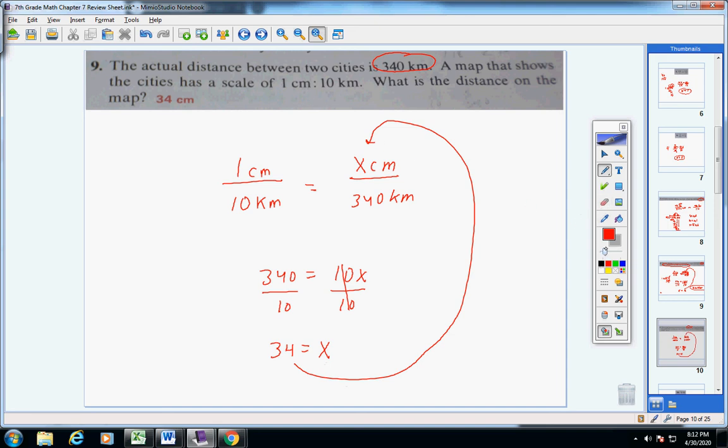So now I have 34 centimeters, excuse me. There we go. So 1 centimeter equals 10 kilometers in real life. So 34 centimeters equals 340 kilometers in real life. So what is the distance on the map? 34 centimeters. Okay? All right. So make sure you know how to solve problems like this on the test.